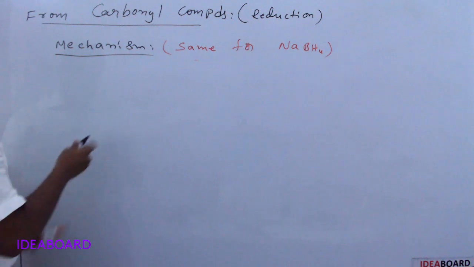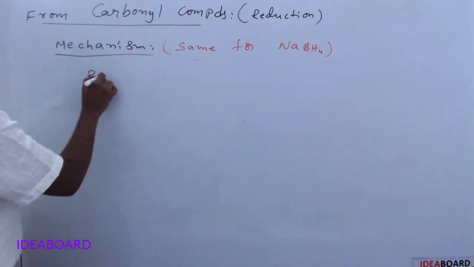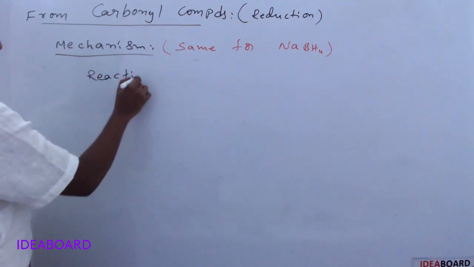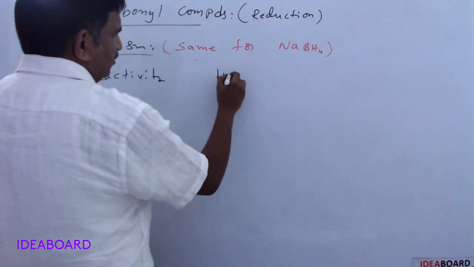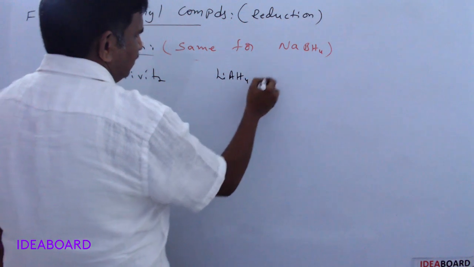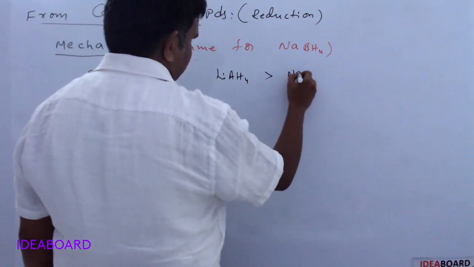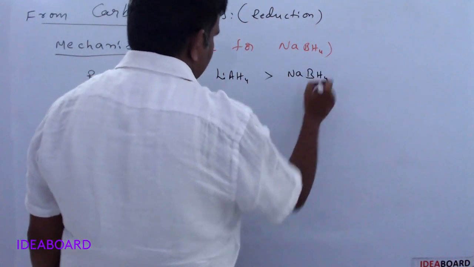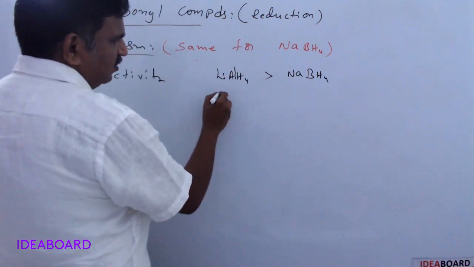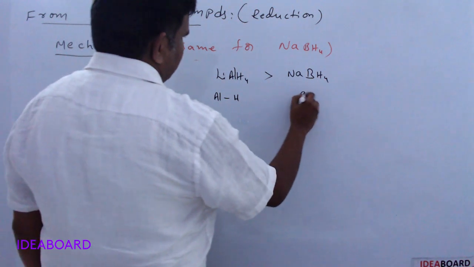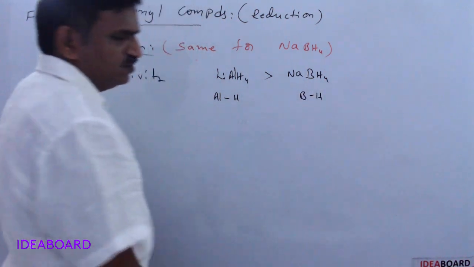So please remember, this reactivity order is very, very important. Lithium aluminum hydride is much more reactive than sodium borohydride, because here we have an aluminum-hydrogen bond, and here a boron-hydrogen bond.